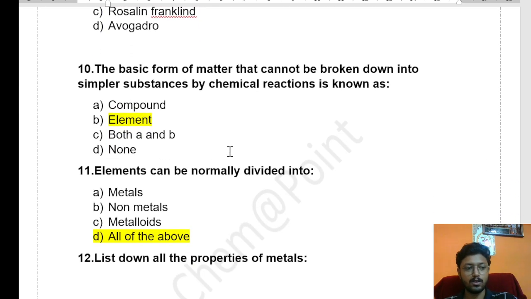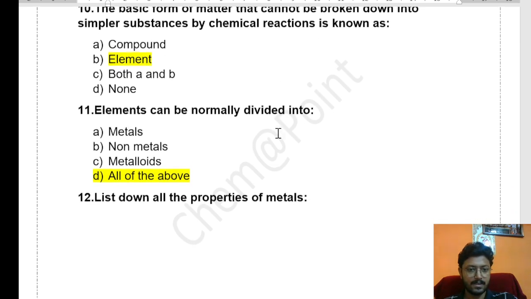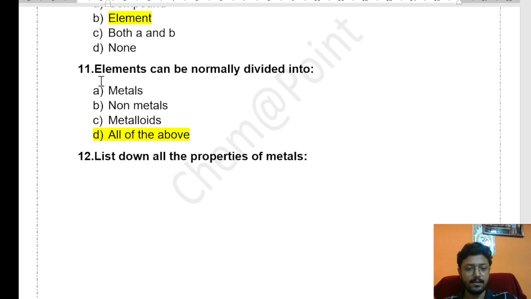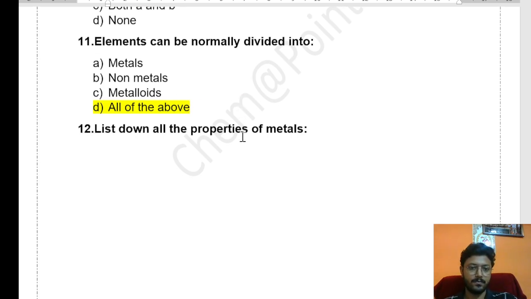Okay, now question number 10: the basic form of matter that cannot be broken down into simpler substances by chemical reactions is known as an element. Now question number 11: elements can be normally divided into metals, non-metals, metalloids. Normally divided into three. That means all of the above.